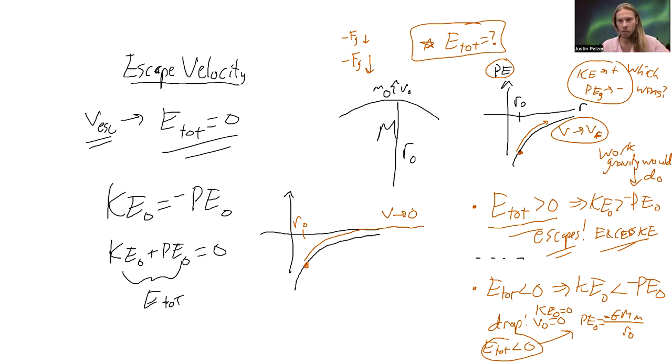I could talk more. But here, this situation is where I have a mass, an object that shot up at some initial speed, and it goes up, it slows down, it slows down, it slows down, but it slows down forever. It never actually turns around.